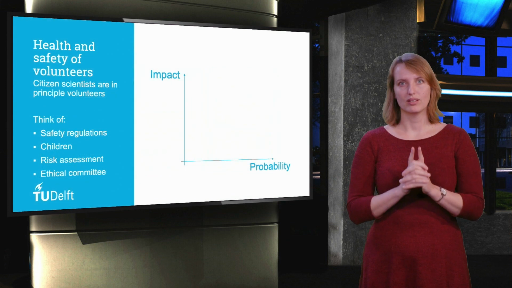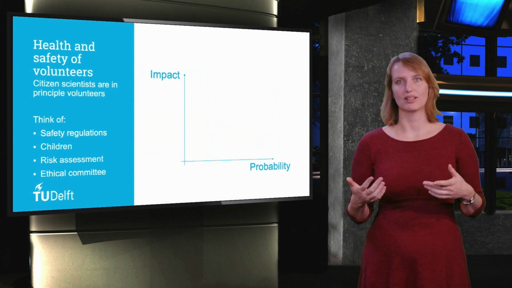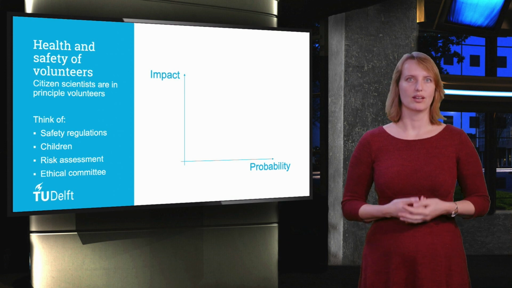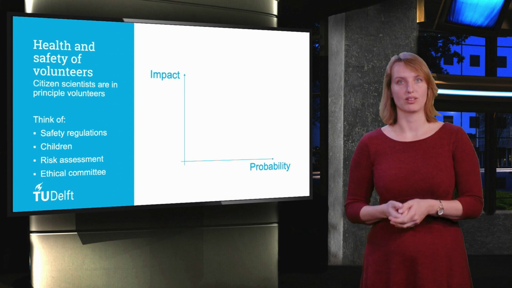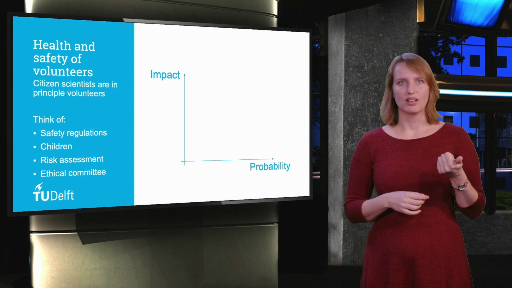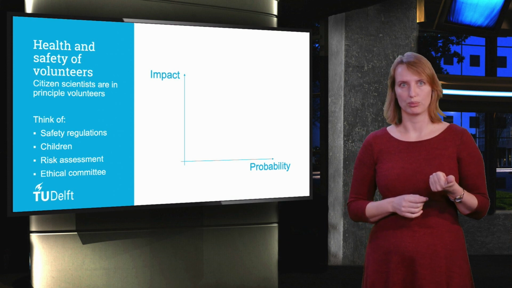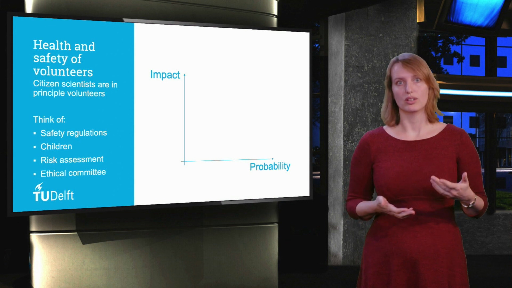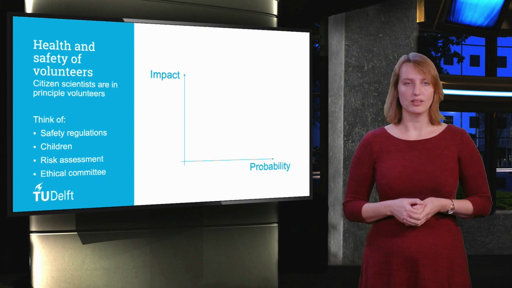And last but not least, when working with volunteers, you become responsible for their health and safety. There are risks involved in doing research with citizens, which you should map out according to impact and probability. Think of making safety regulations to which volunteers should comply, or children that need supervision, so you ensure to take this along in your design.